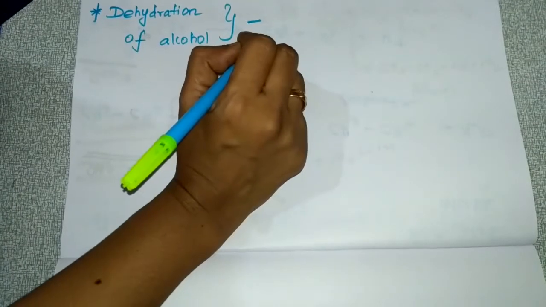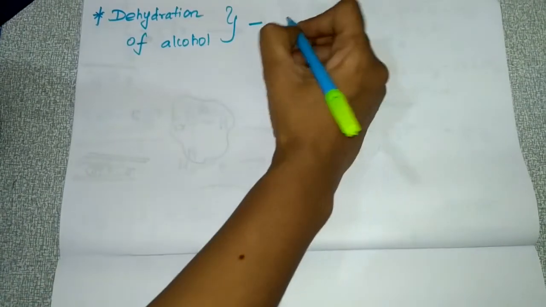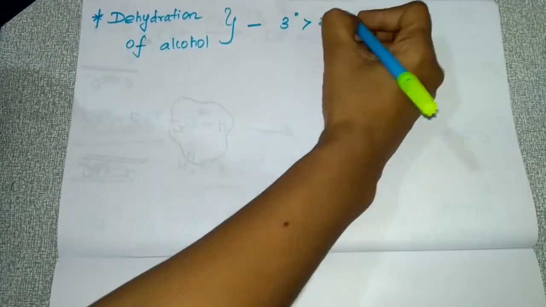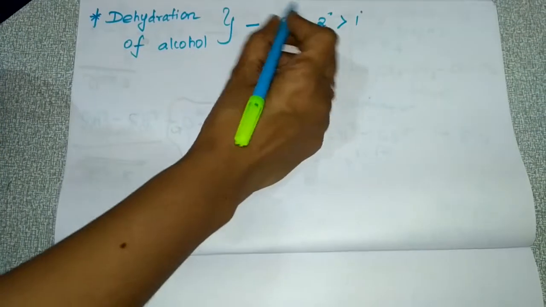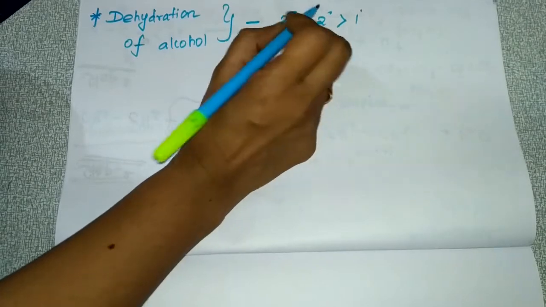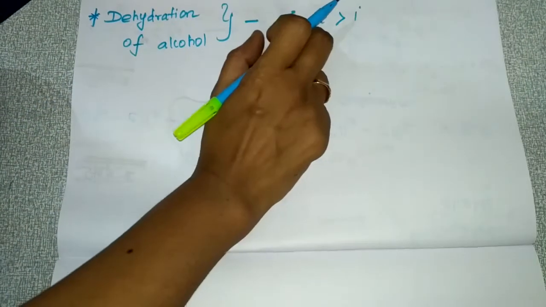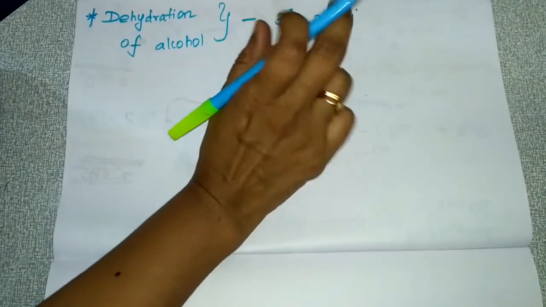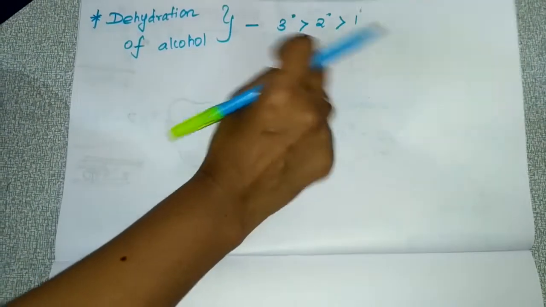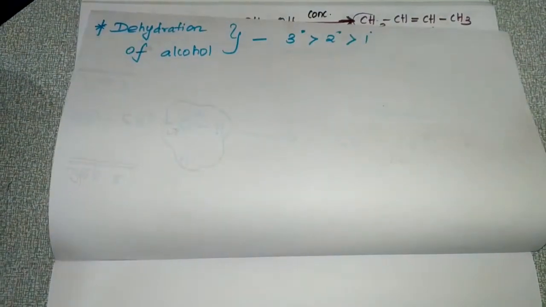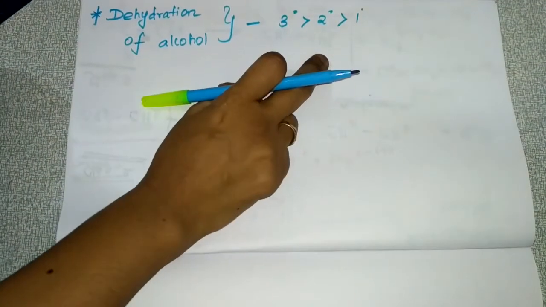So you know very well which carbocation stability will be more: tertiary, then comes secondary, and then comes primary. So the tertiary carbocation is more stable. So dehydration of alcohol depends upon the stability of the carbocation formed, and it follows this order only.